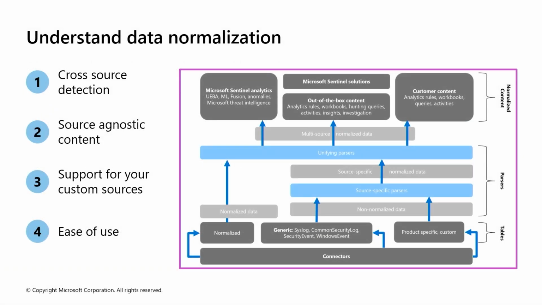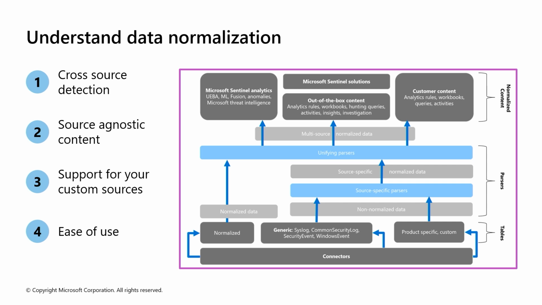So first, begin by detecting data from a wide range of sources: cloud services, on-prem systems, and third-party platforms to ensure comprehensive visibility. The next step is to make the content source agnostic so that analytics and detection rules can operate consistently regardless of where the data originated. Unifying parsers then standardize the data into a normalized format, enabling seamless integration across the platform.